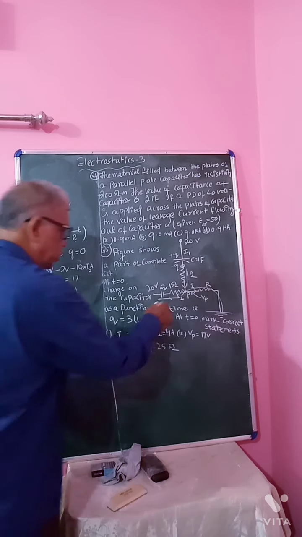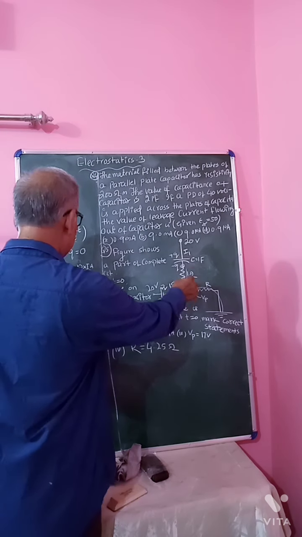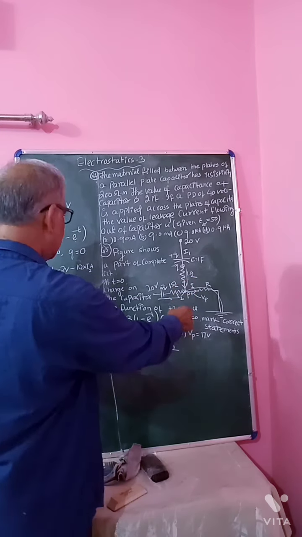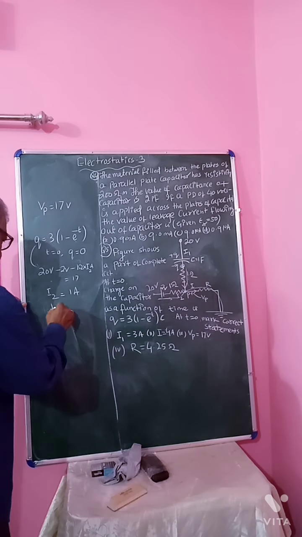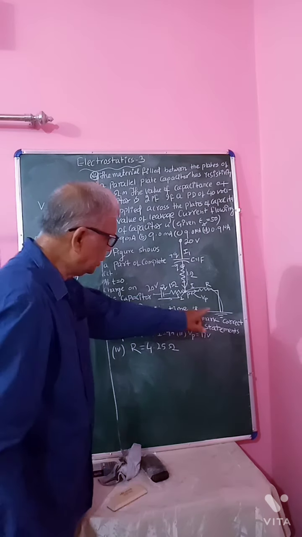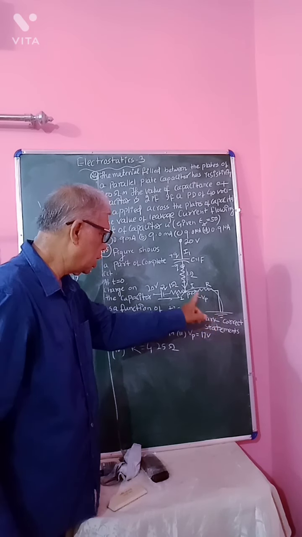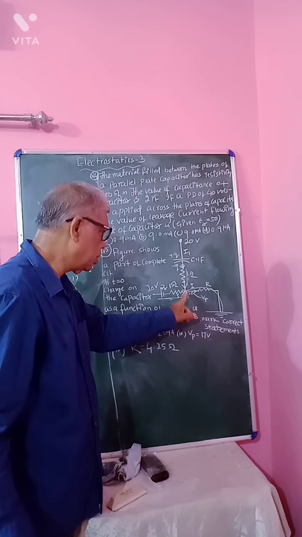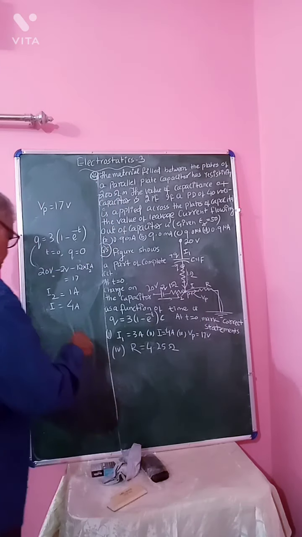Now I2 is 1 ampere and I1 is 3 ampere, so the current I is equal to 4 ampere. Now this is grounded, so this potential is 0. This is 17 volt, so the potential across the resistor R is 17 volt.